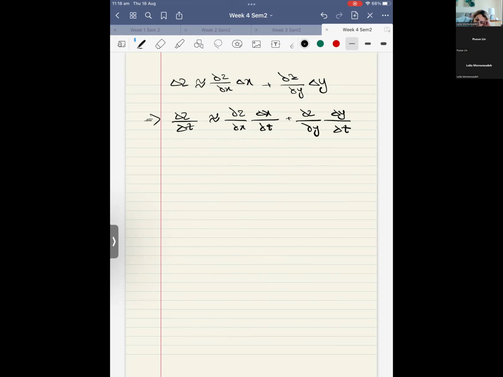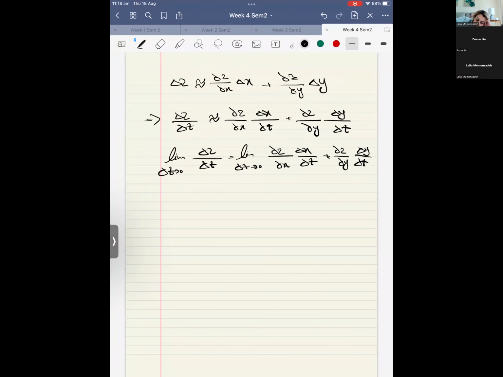And now the limit as delta t goes to 0 of delta z over delta t is equal to the limit as delta t goes to 0 of ∂z/∂x delta x over delta t plus ∂z/∂y delta y over delta t. Okay.